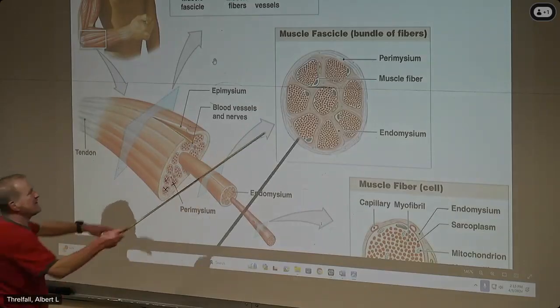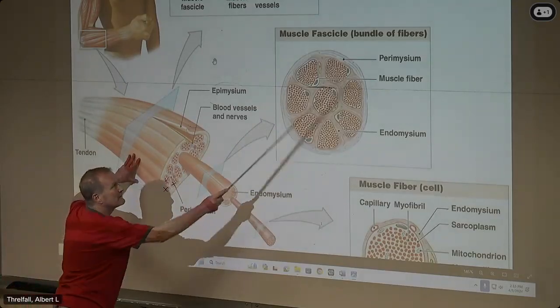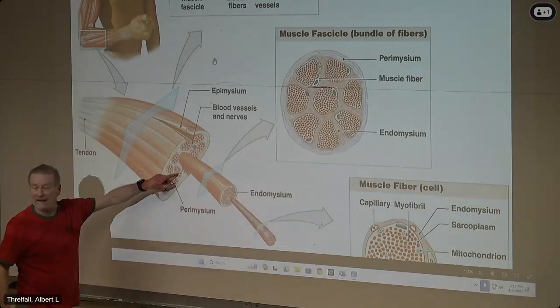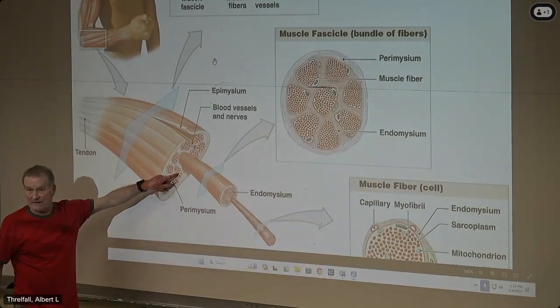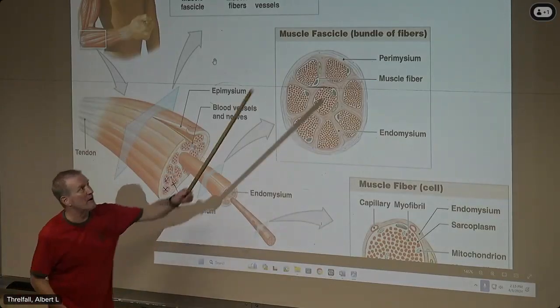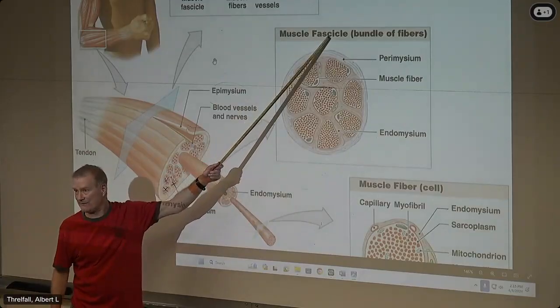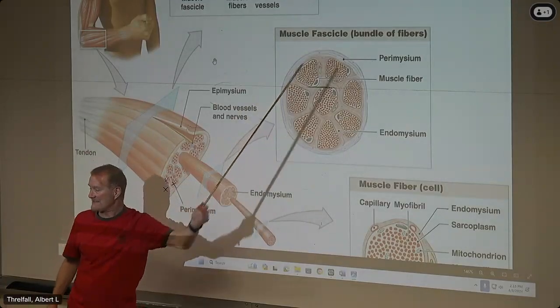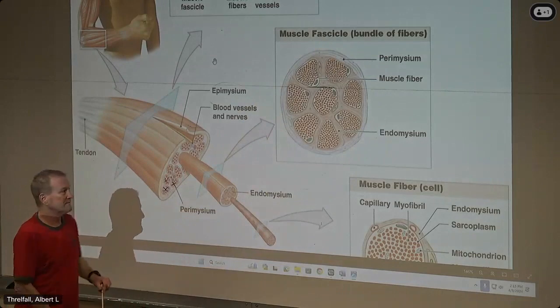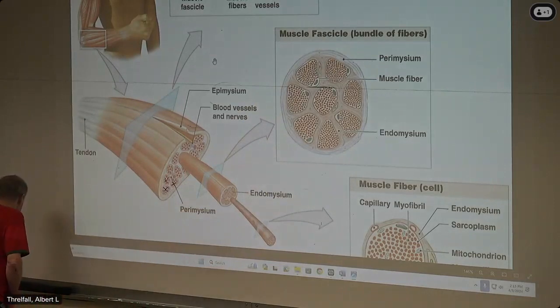So this thing over here is one of these. Those subunits are called fascicles. So now when we say the fascia and the epimysium surround, bind, and hold together the subunits of a muscle, the subunits are what? Fascicles.